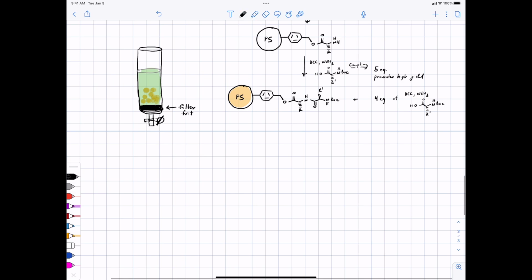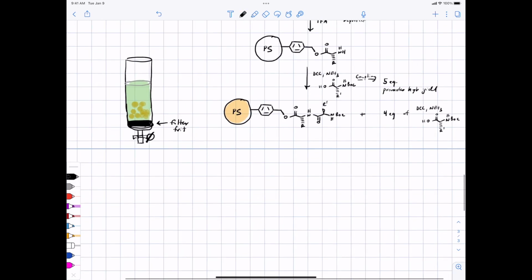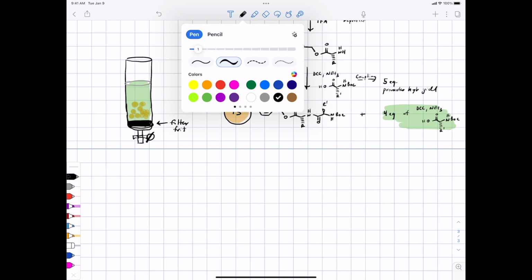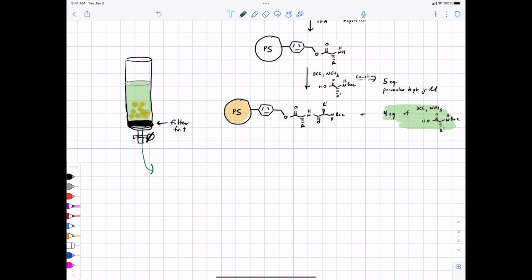It's easy at this step, and in green is where your unreacted reagents are. You turn the stopcock at the bottom, and all of the solution comes out, and afterwards what you're left with, you dispose of the undesired, oh shoot, trying to do too many things at once.